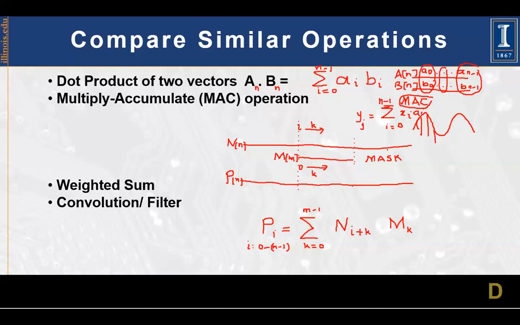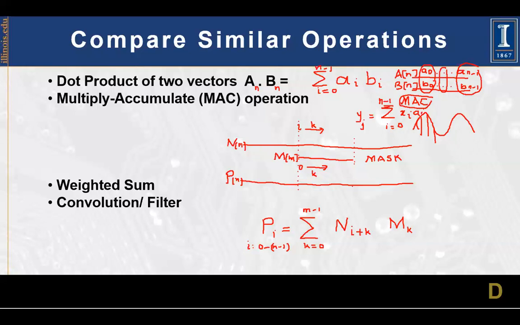And what is applying a filter or convolution? You use a mask which has certain values stored in it. This mask is another vector, another array, but its size is much smaller than the size of the whole big data.